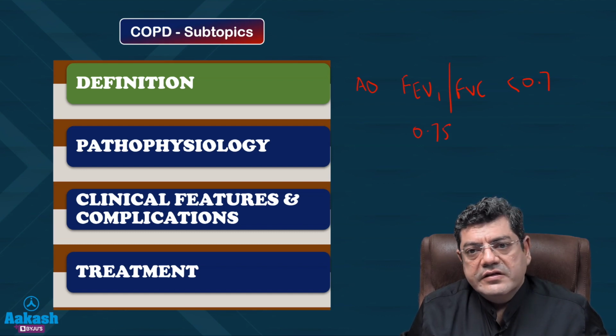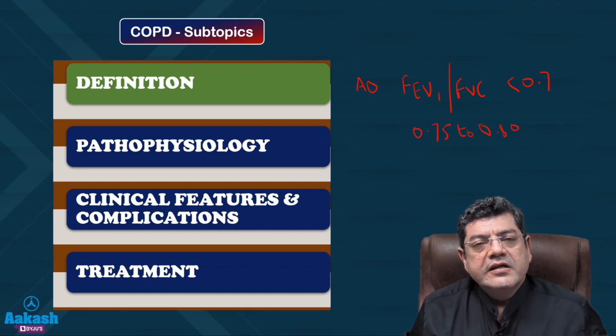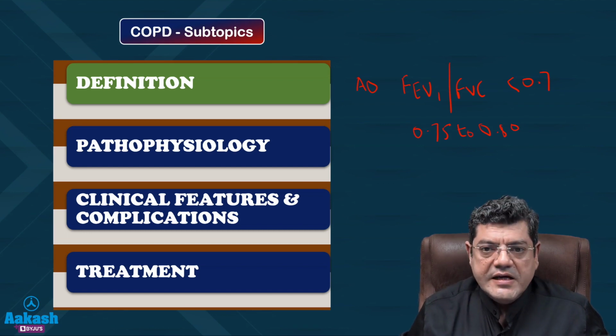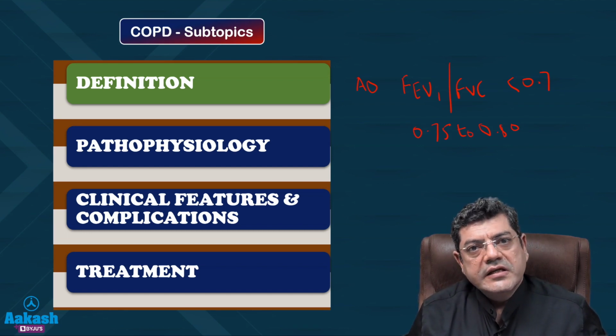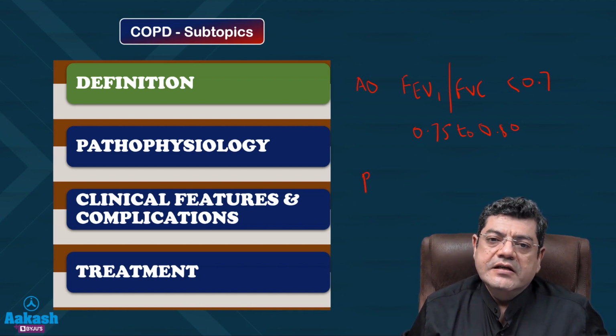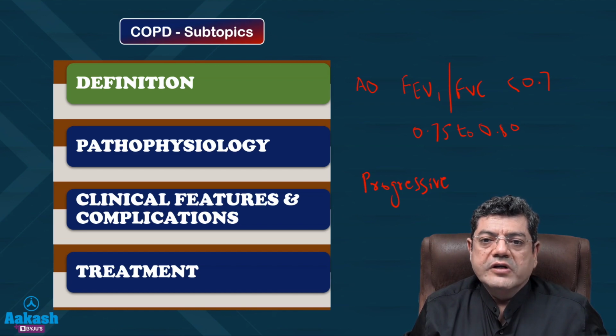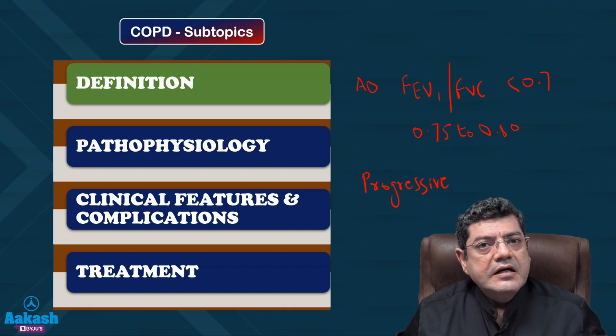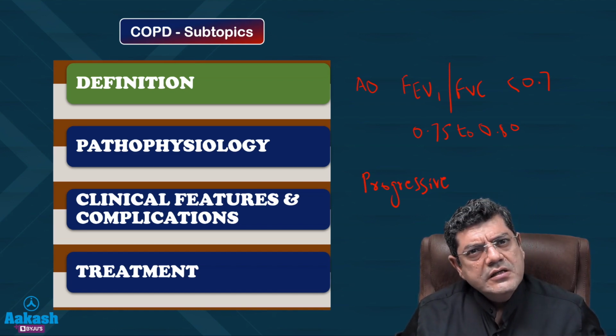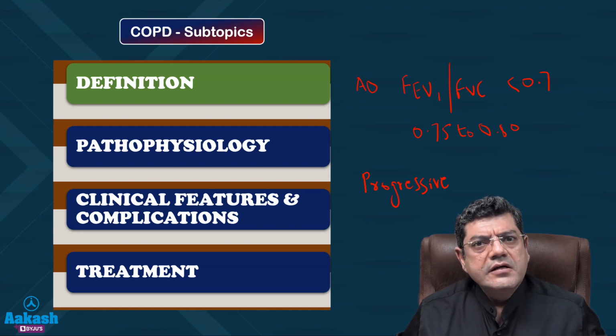An FEV1 FVC ratio of 0.7 to 0.8 is normal. Besides this, the other important thing about the COPD definition is that it is a disease that is progressive. It progresses even despite discontinuing smoking.